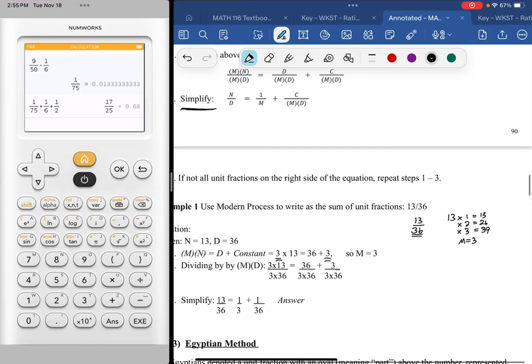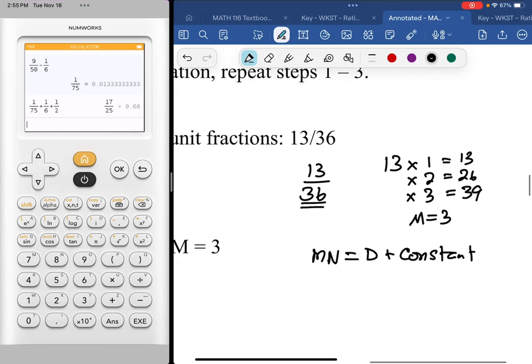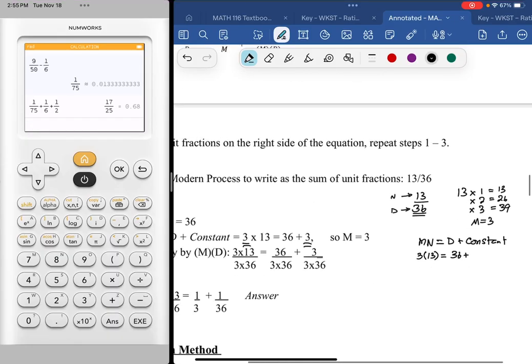All right, so I'll write the formula here, mn is equal to d plus constant. So this is the n, this is the d. So 3 times 13 is equal to the d, 36, plus the constant, some constant c.